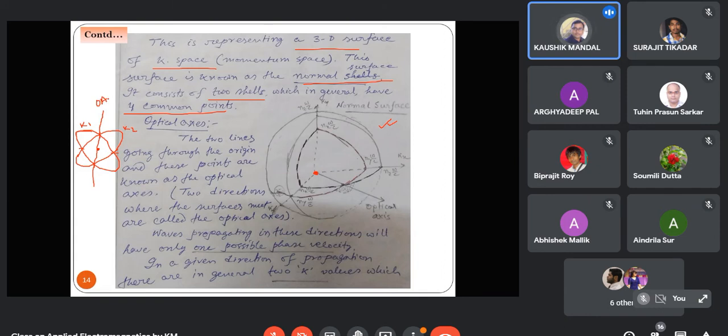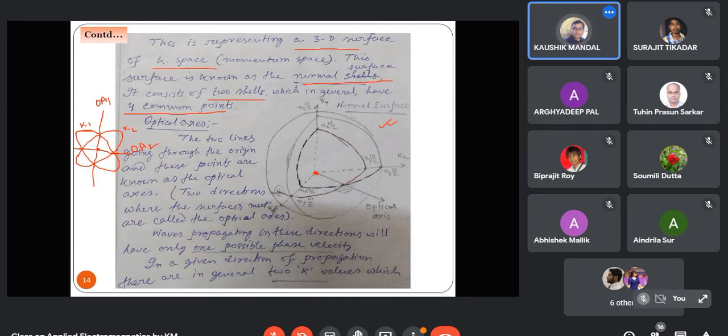This is, say, optical axis 1. You can draw another line through the 2 crossover points and the center of the two shells. So this is another optical axis, axis 2.